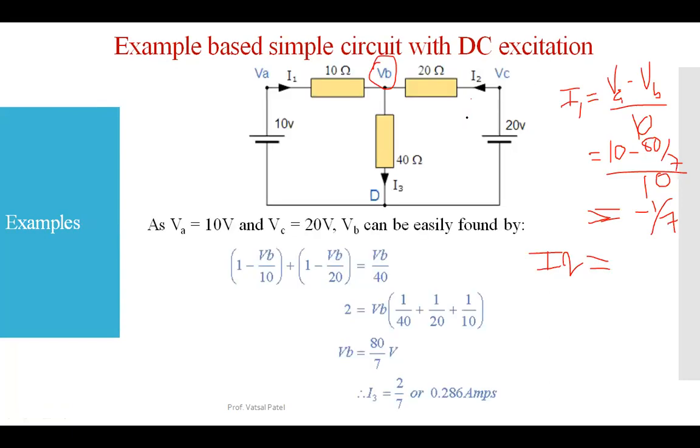Okay, see, you will have Vc minus Vb by 20. So you can write here 20 minus 80 by 7 divided by 20.